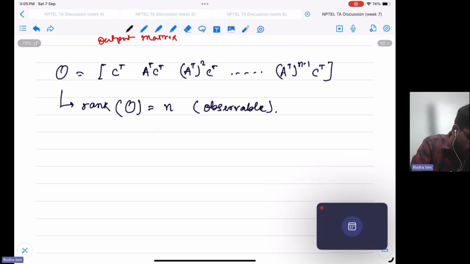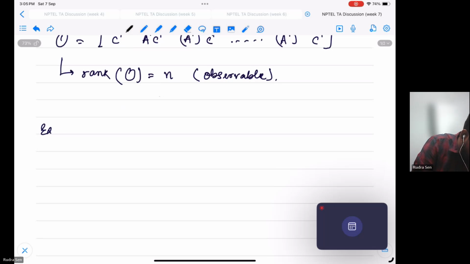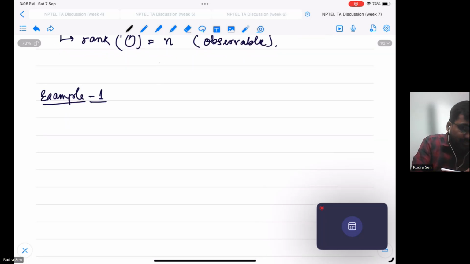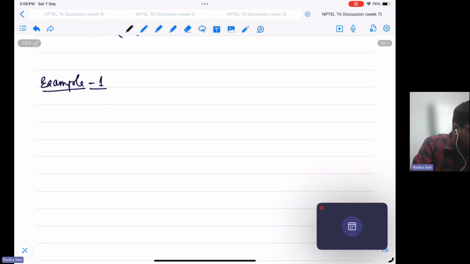So the first example. The example is given to you.